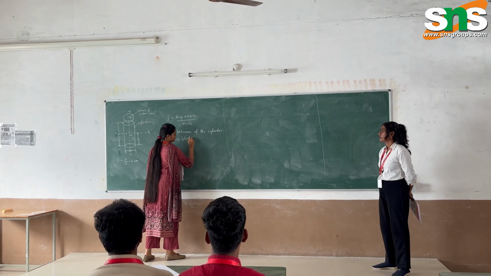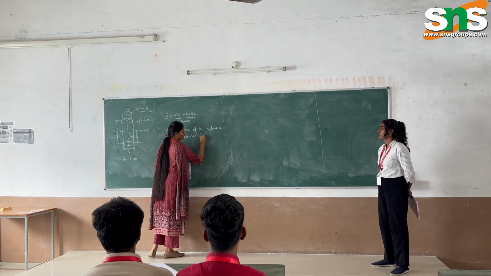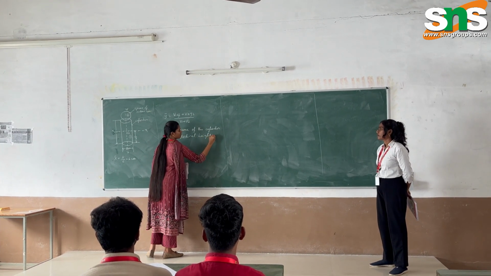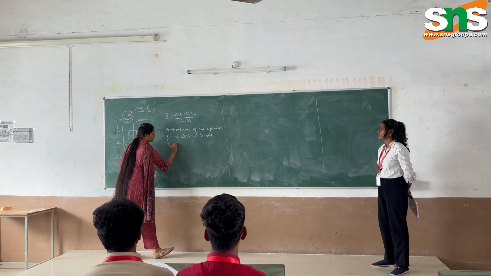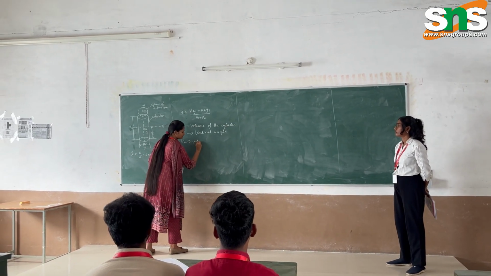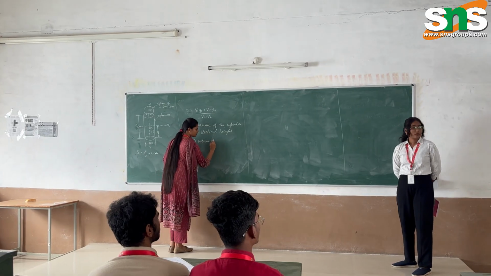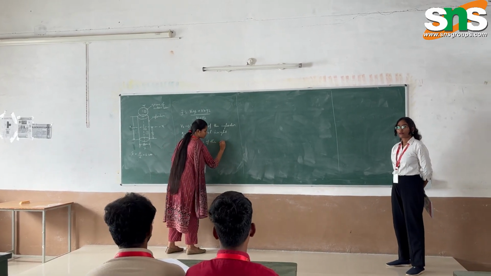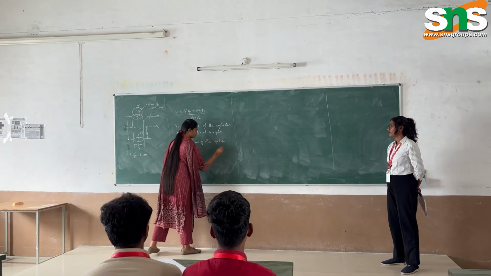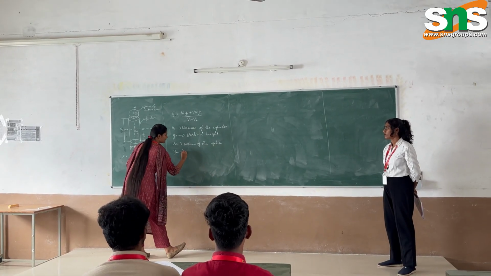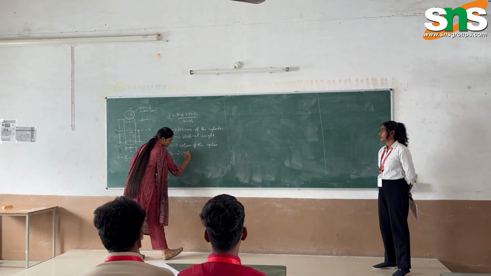Likewise, V2 is the volume of the sphere, and y2 is the vertical height of the sphere.